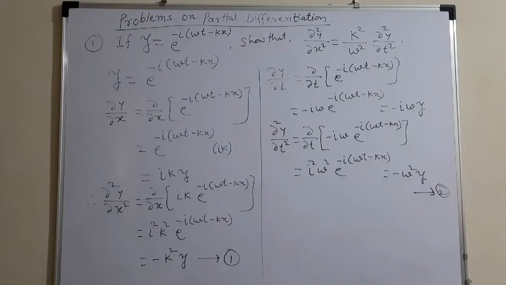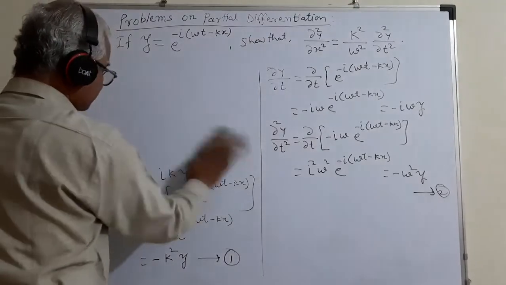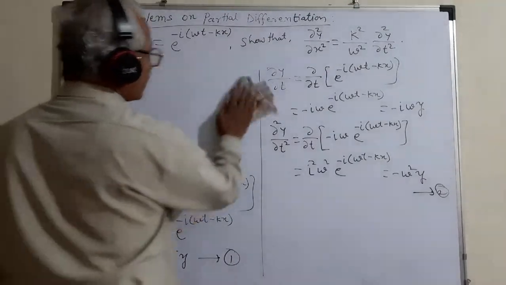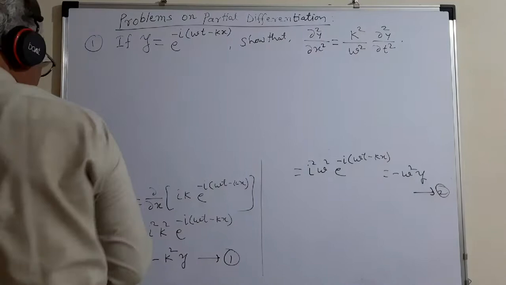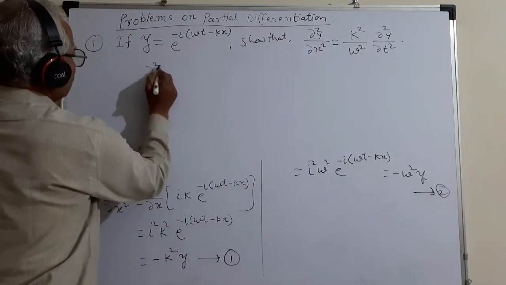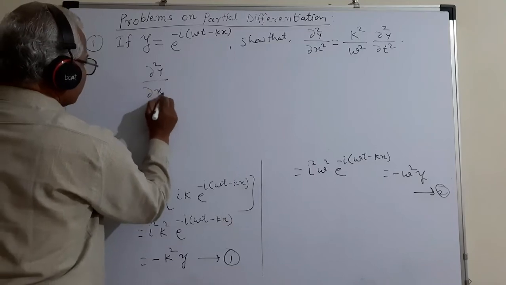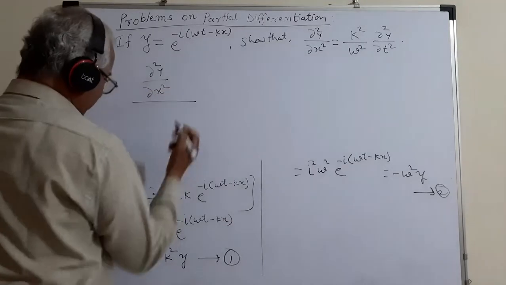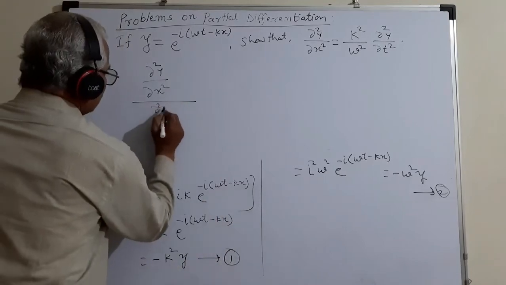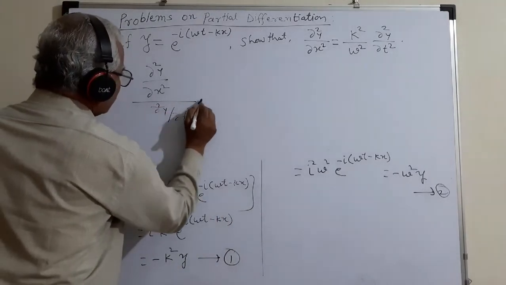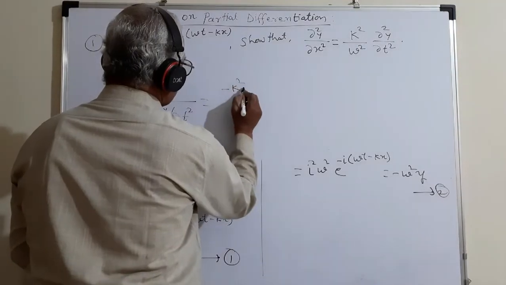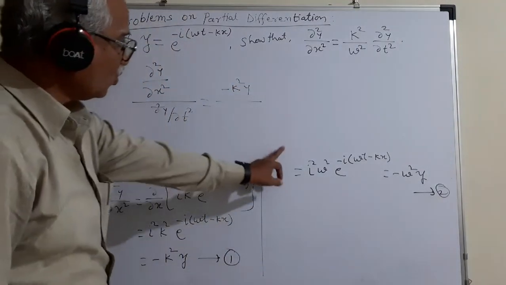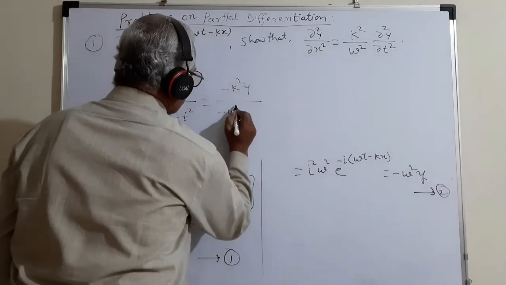Now taking the ratio of equation 1 and 2, we get ∂²y/∂x² divided by ∂²y/∂t² is equal to minus k² y divided by minus omega² y.